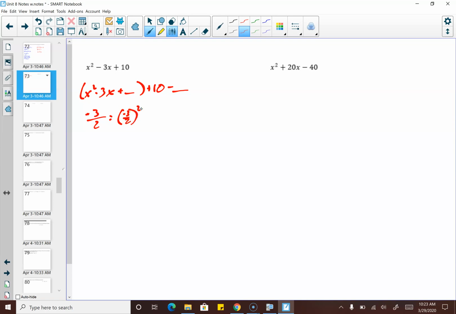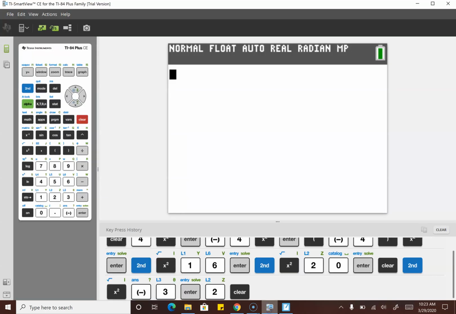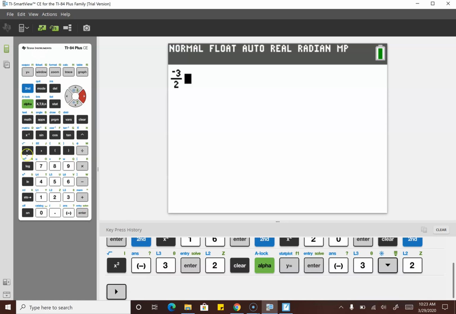I prefer to keep them in fraction form. So we get negative 3 over 2 squared. And then when we square that, again, it's just easier if we go to our calculator. So if we go alpha y equals negative 3 over 2, and we want to square that, and actually I really should have wrapped this in parentheses first.